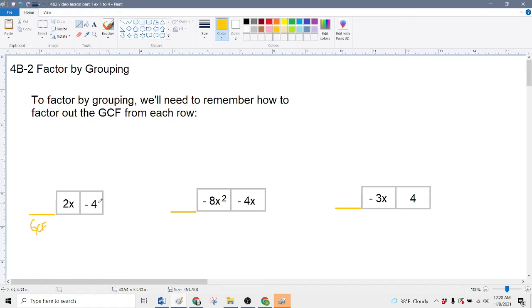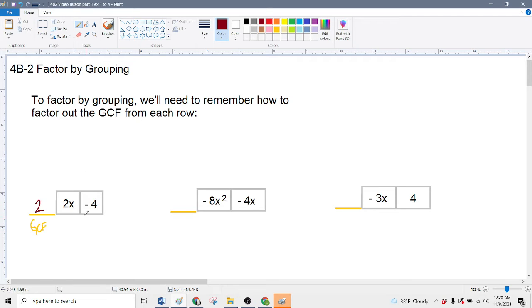Since this second term does not have a variable, our GCF cannot have a variable. And this number part is short, so that's our short list for the number part, 1 times 2. So our GCF has to be 2 since 4 also has a factor of 2. That's the best we can do.